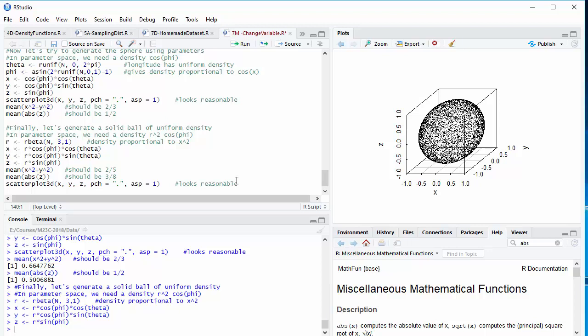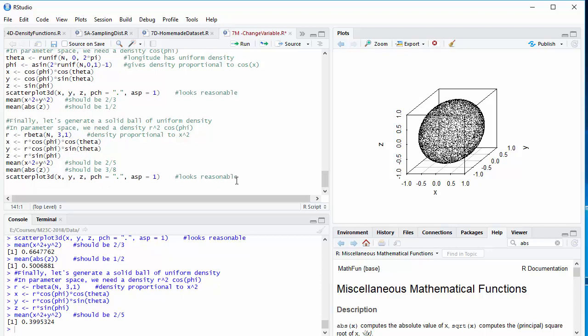If you're a physicist, you say, I know that if I have a uniform density ball of radius 1, its moment of inertia is 2/5. If you're a probabilist, you say, I know that for uniform density inside the unit ball, the expectation of x squared plus y squared should be 2/5, and it is.